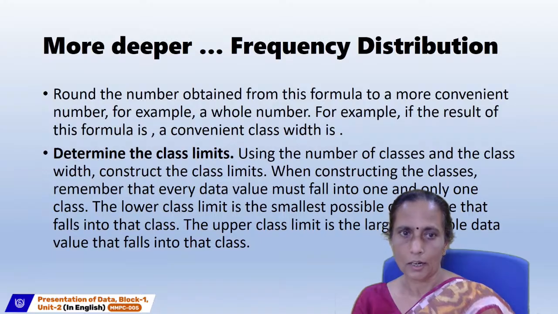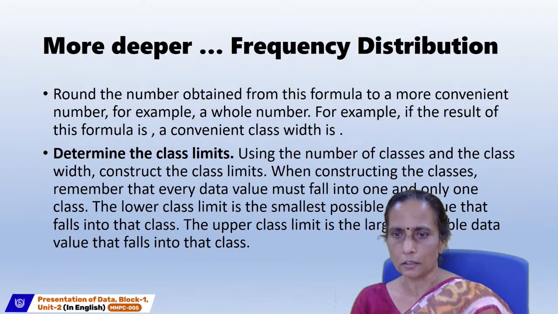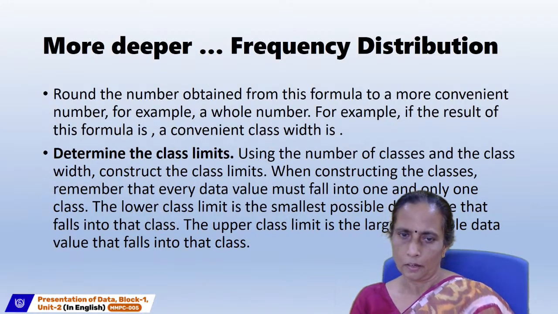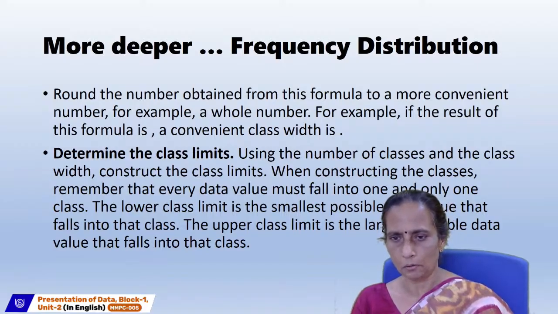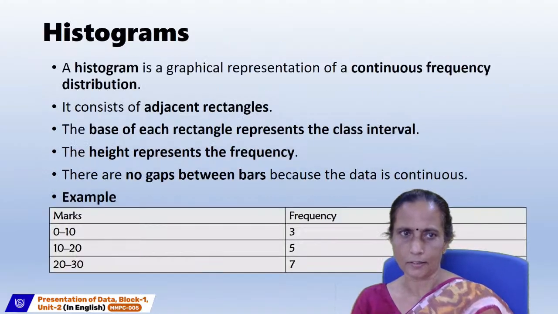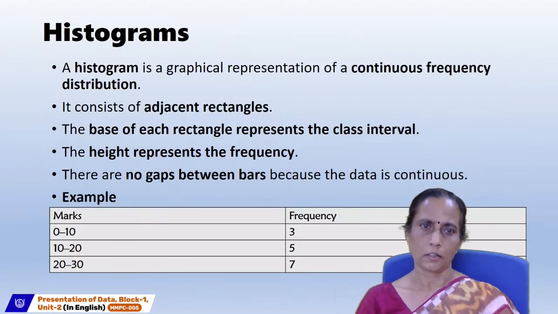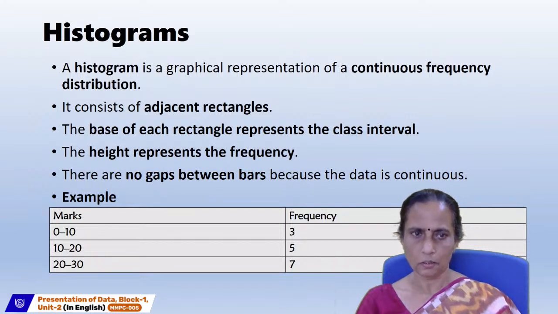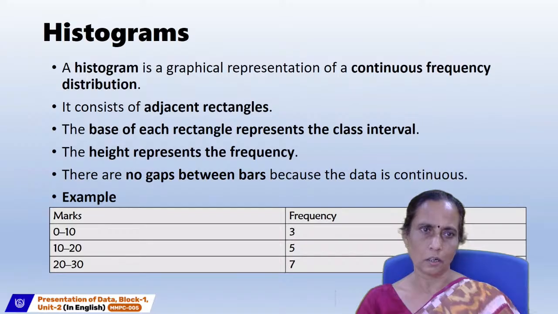Using the number of classes and class width, construct the class limits. When constructing the classes, we should remember that a data value must fall into one and only one class.